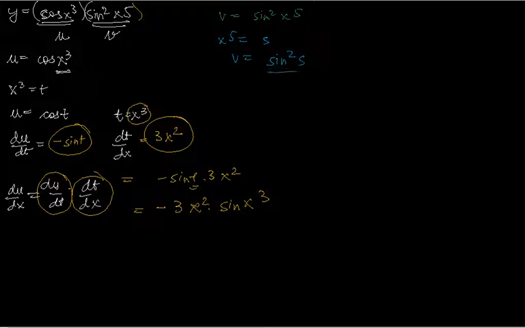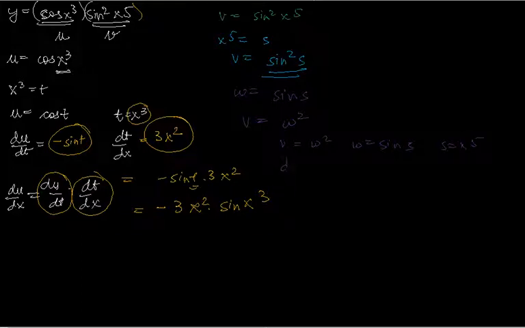Now since this is again sine square, I'll say w is equal to sine of s. Clear? So your v could be written as w square. Are you seeing the way I am just decomposing each and every part so that it becomes easier? So you have v is equal to w square, while w is equal to sine of s. But s is equal to x to the power 5.